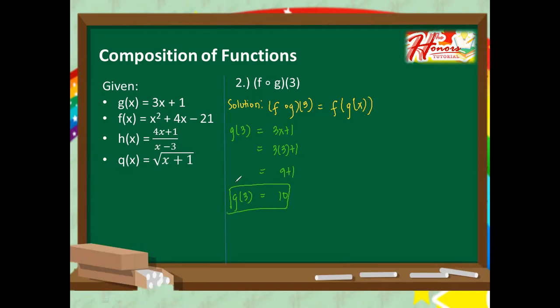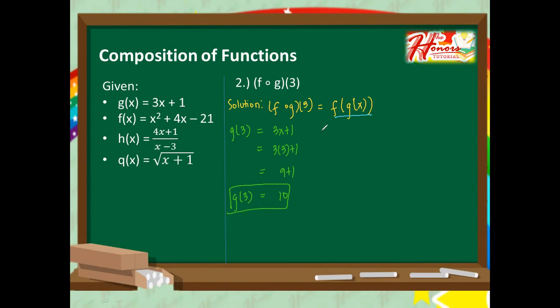And then what's next with our solution? Remember this? F of g of x, remember this part? We have to substitute. So kindly have f, and let's have f of x.